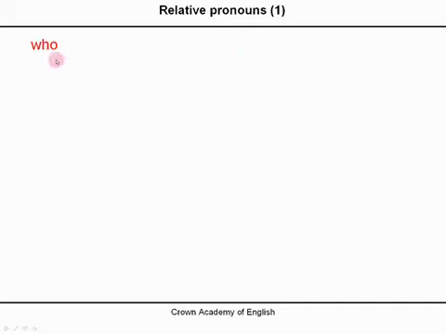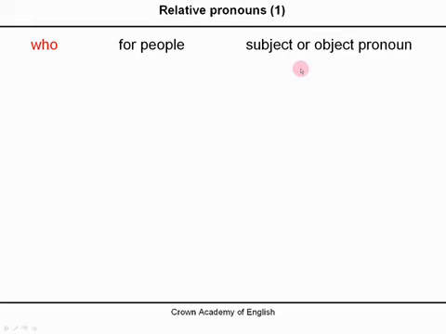So the relative pronoun who, we use it for people, and it can be the subject or the object pronoun. Example: the customer who called me was happy.